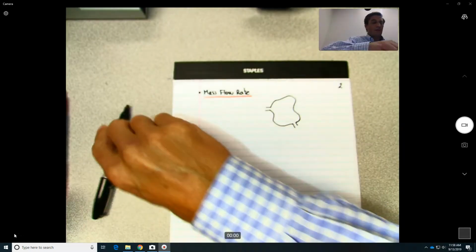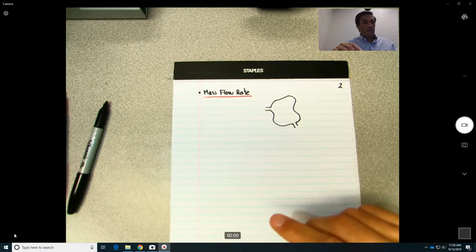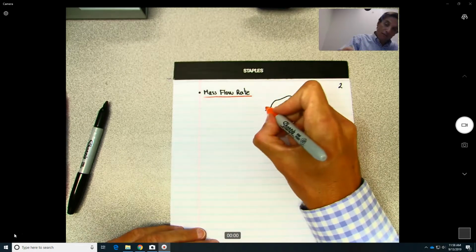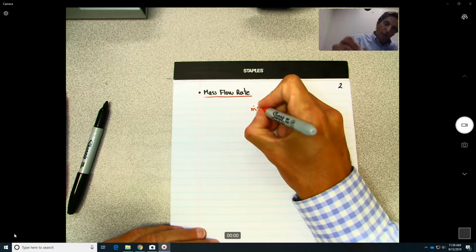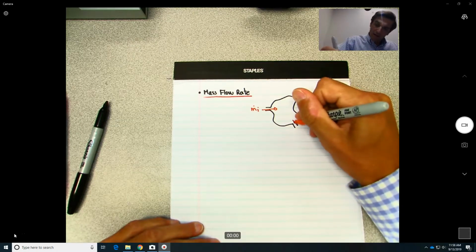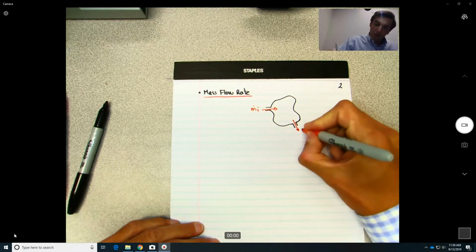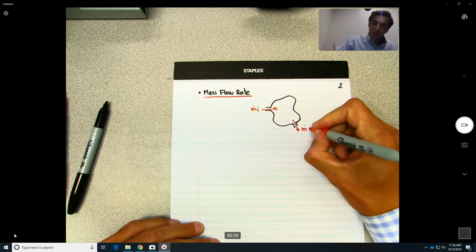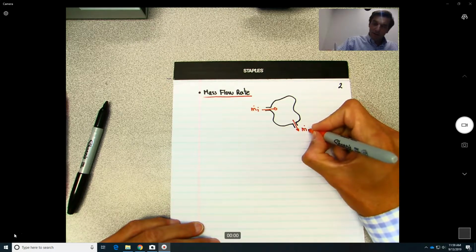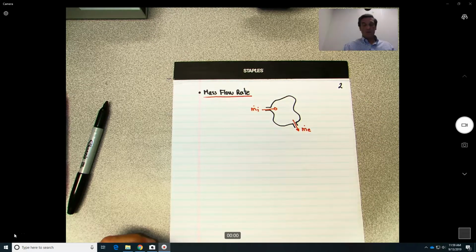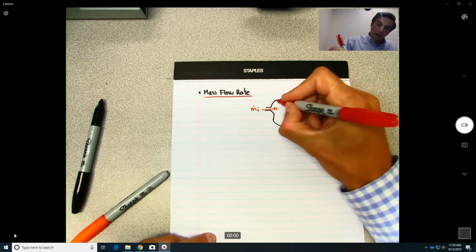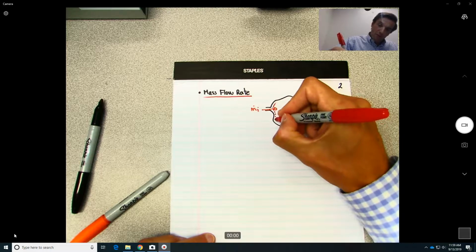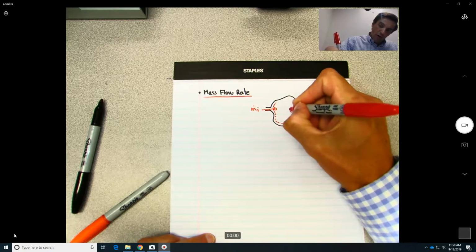On this side we're going to have mass flow going in, and on this side we're going to have mass flow exiting, going out. And this will be our open system, or our control volume.